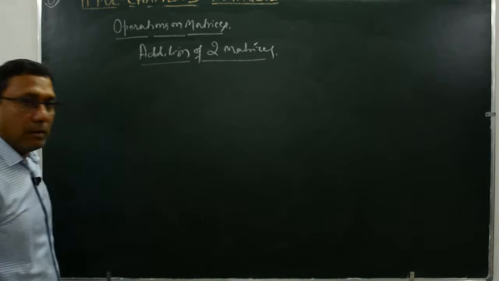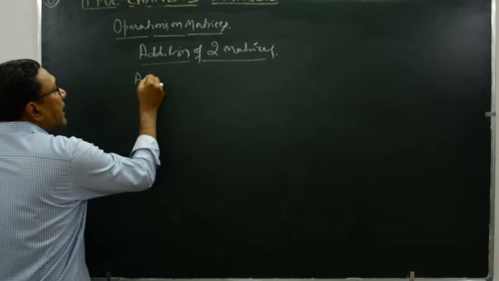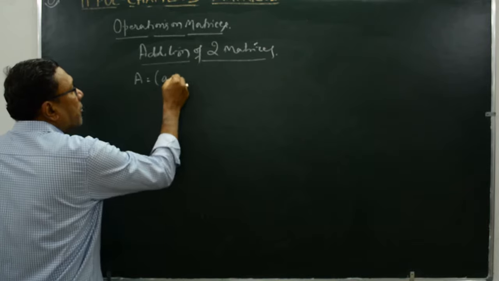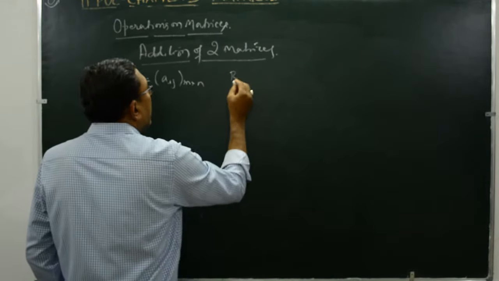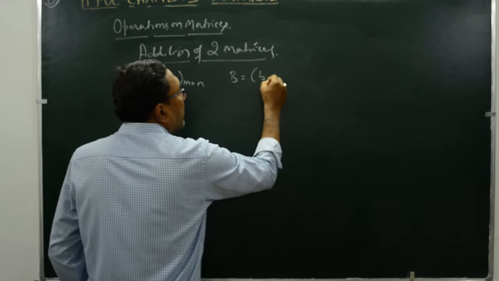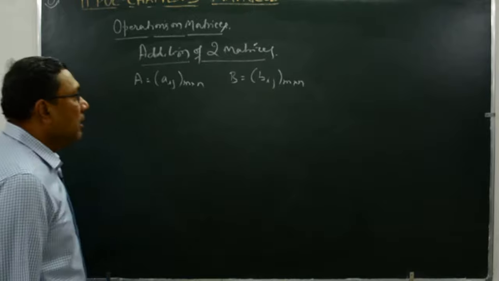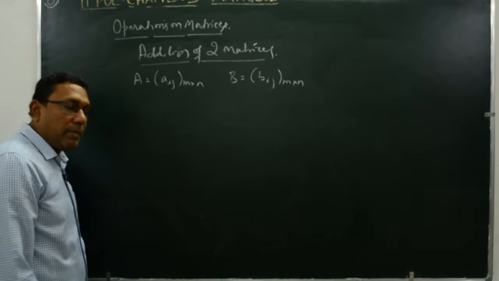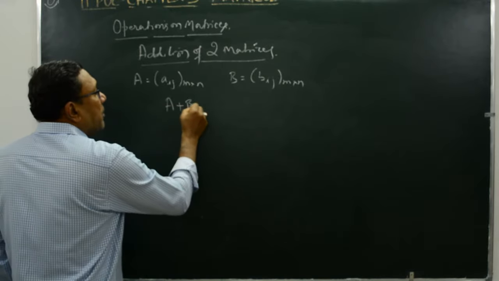Let us consider two matrices, where A is a matrix of Aij of order m cross n, and B is a matrix of Bij of order m cross n. Then if you add both the matrices, the resultant will be A plus B.